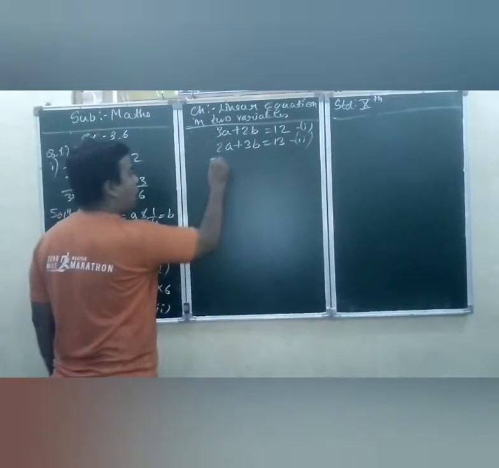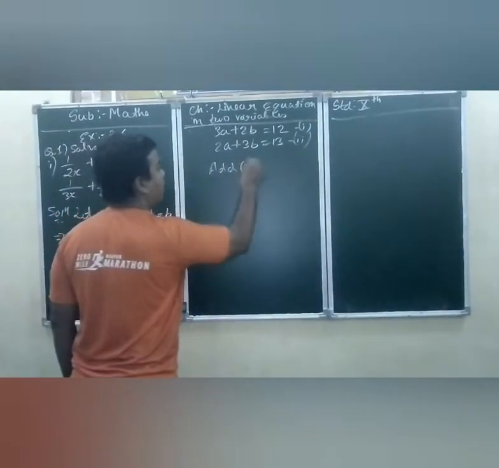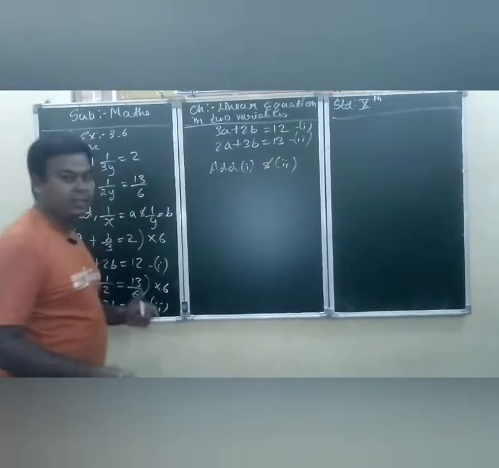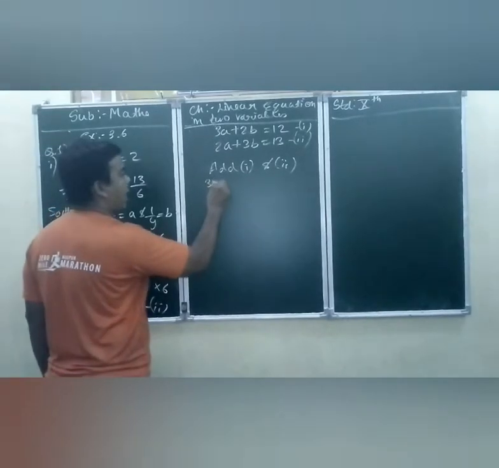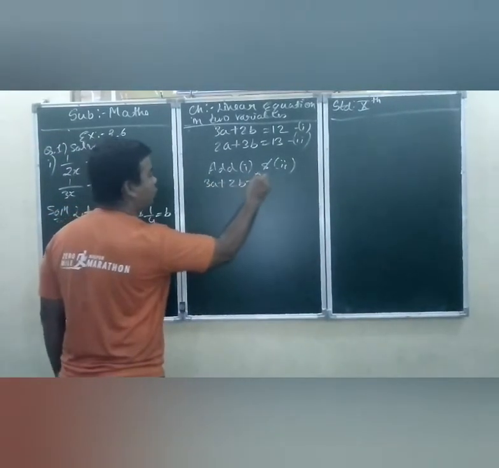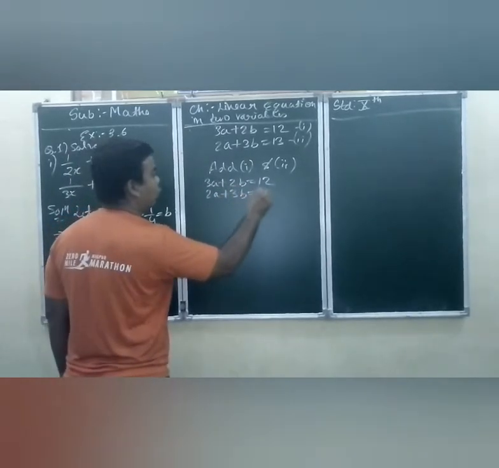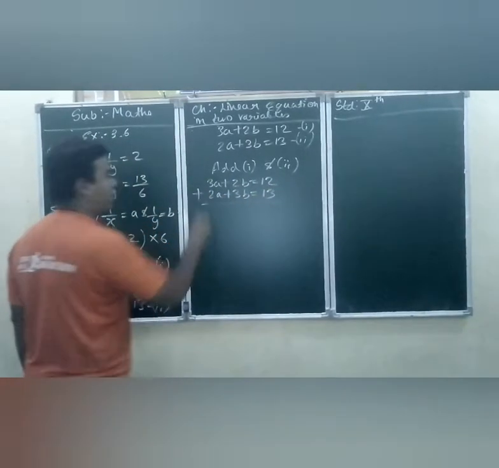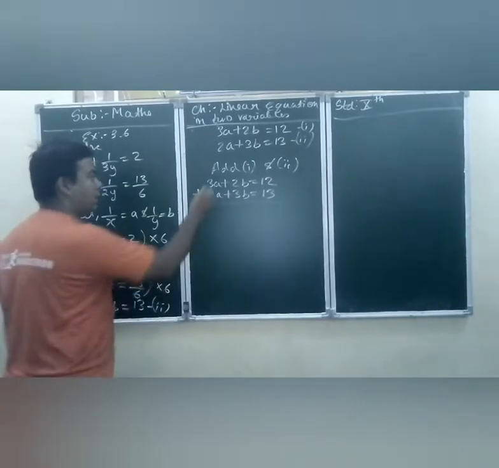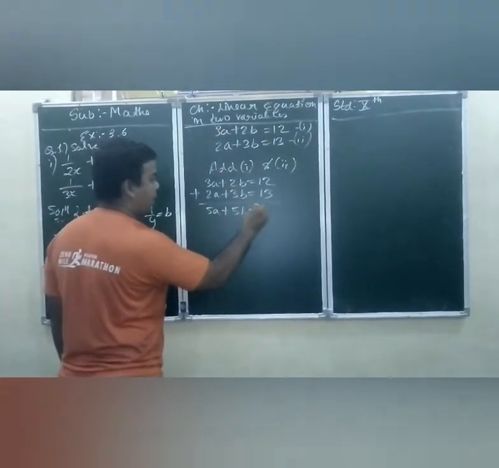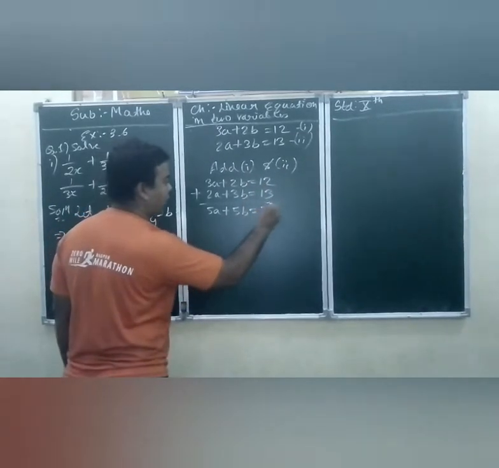So now, for the first and second equations, what to do? Add them first. 3a + 2b = 12 and 2a + 3b = 13. Adding: 3 + 2 is 5a, 2 + 3 is 5b, equal to 12 + 13 = 25.